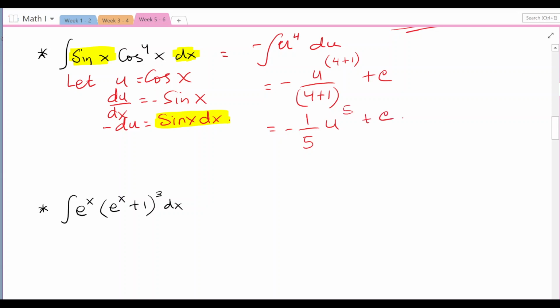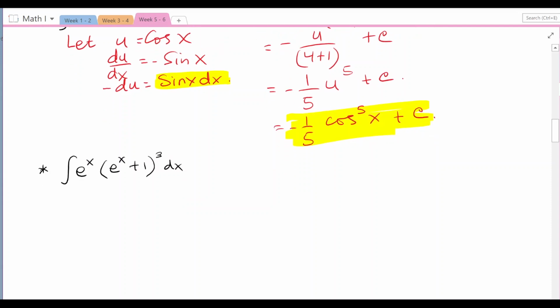Put the u back, u equals cos x. Therefore the answer is negative 1/5 cos to the power of 5 x plus c.